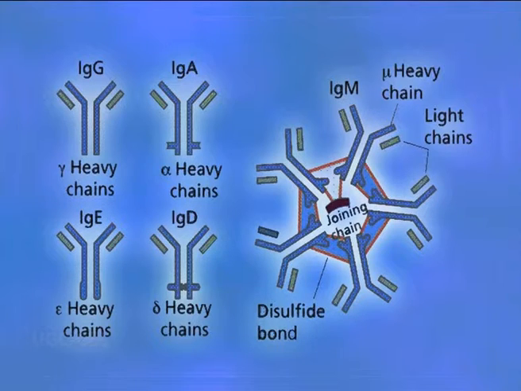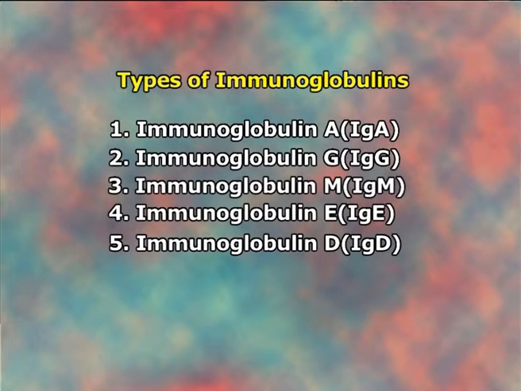Now, let us learn about the types of immunoglobulins. There are basically 5 types of immunoglobulin molecules, known as the 5 major types of antibodies. Their properties are as follows.